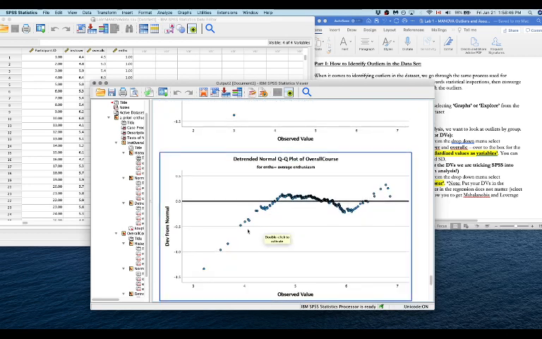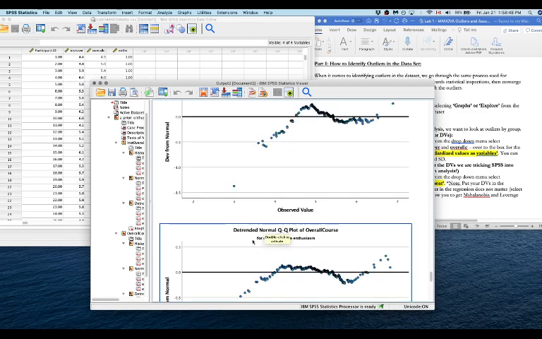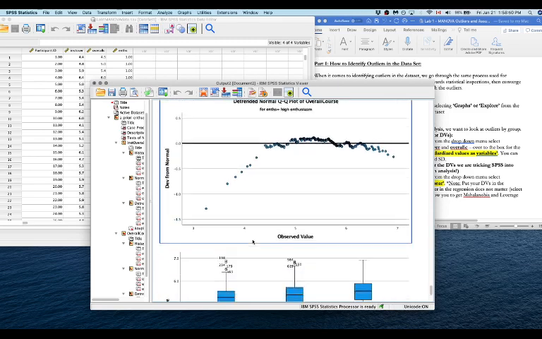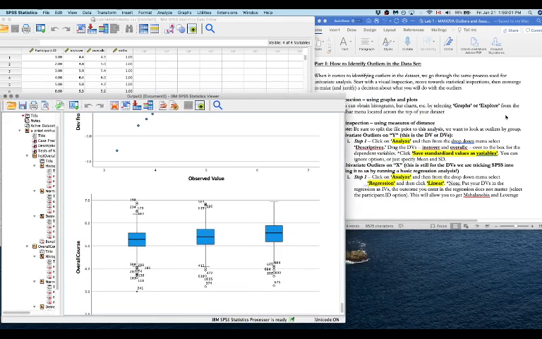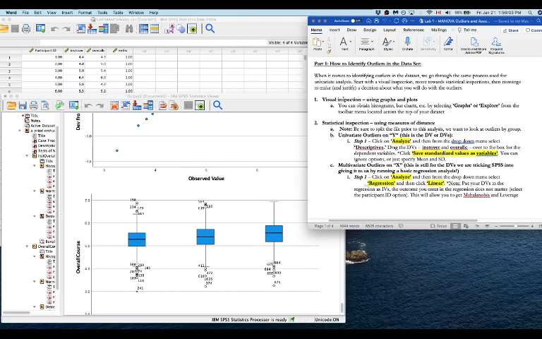Again, that's quite far. These ones are also quite far. So it looks like we're going to have quite a number of outliers, and that's also what it's saying here. So that's the visual inspection.